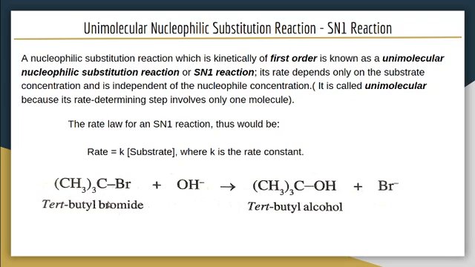The rate of this reaction depends only on the concentration of tertiary butyl bromide, not on the OH minus concentration. So that is why the name unimolecular nucleophilic substitution reaction: the rate depends only on the concentration of one molecule, the substrate.